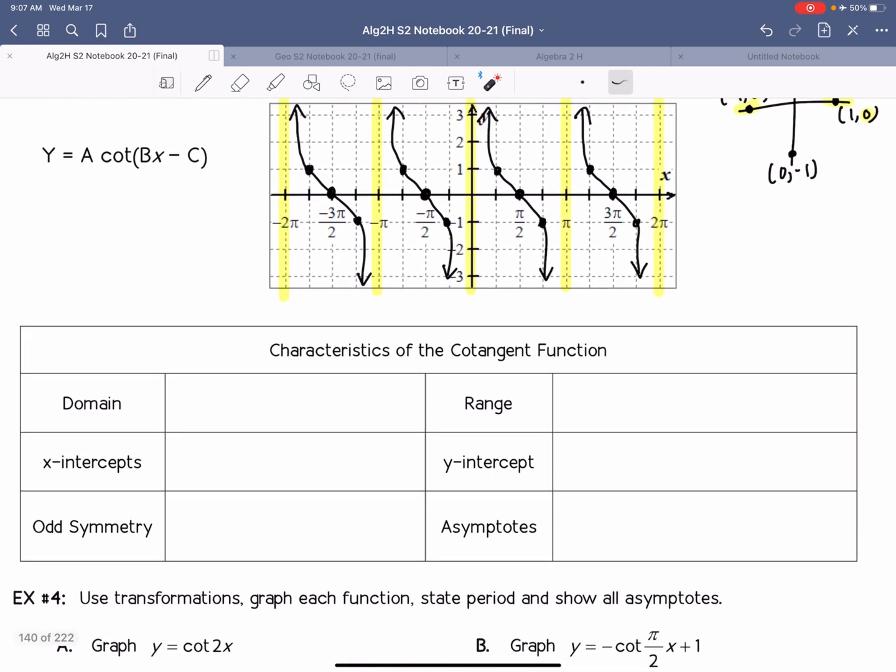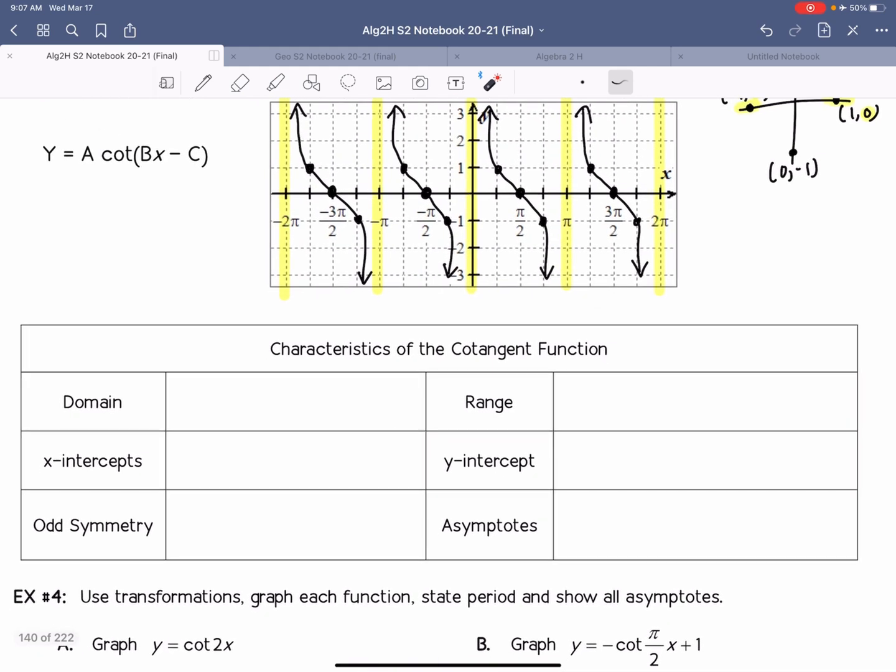So again, talking about our domain, it doesn't work every place that there is an asymptote. And if you notice, the asymptotes are now on pi, 2 pi, 3 pi, 4 pi, 5 pi, and so on. So it's everything except theta cannot equal pi k.